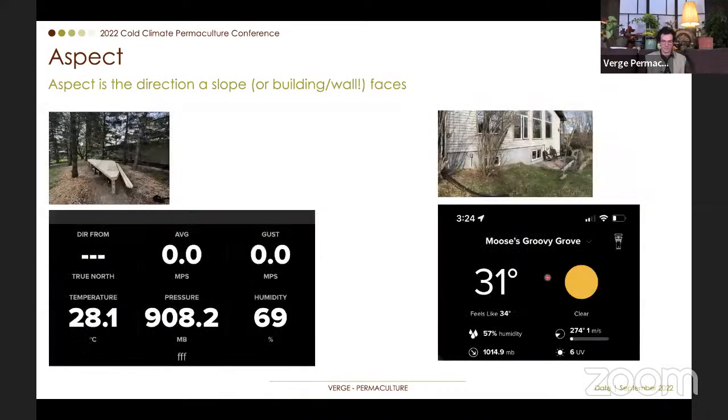And so we did. And just to empirically show the difference between these two places, I went out with my handy dandy little handheld weather meter, and I went to the Funky Fungi Forest, and this was one of the hotter days of summer, and it was 28.1 degrees over there. But over here in the hot seats, it was 31, but it felt like 34 degrees.